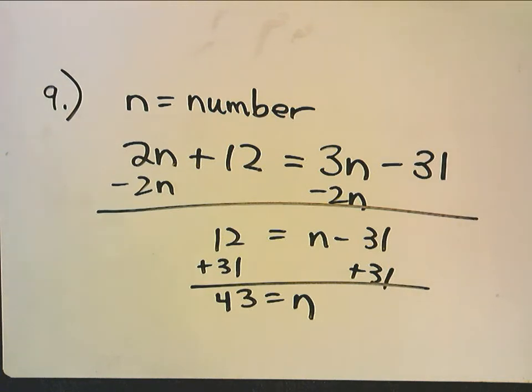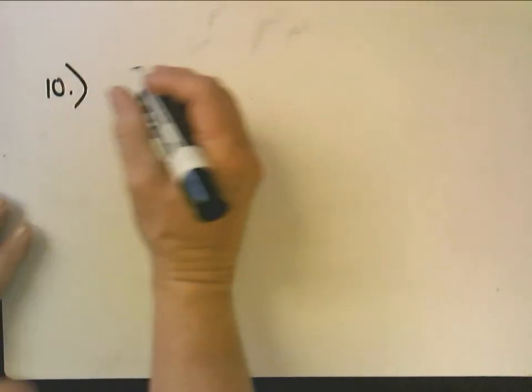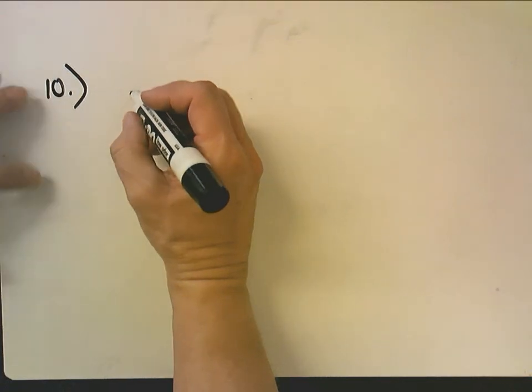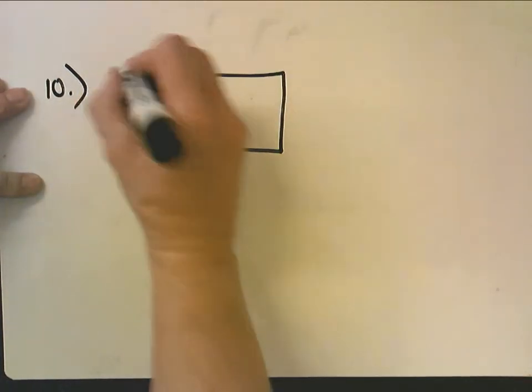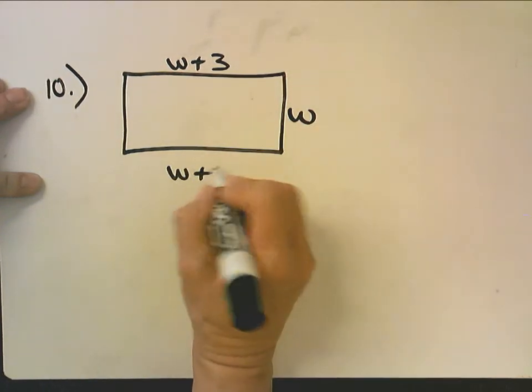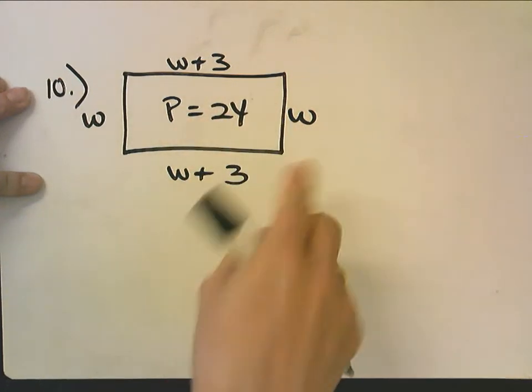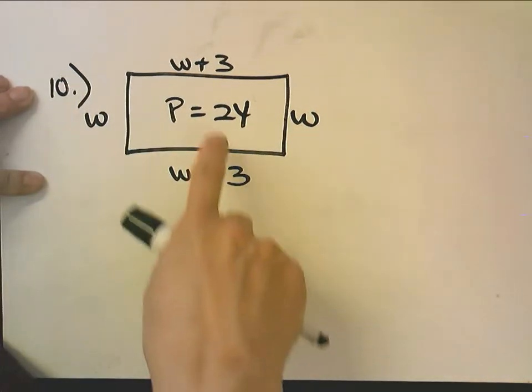Okay. Now, for number 10, it's a perimeter of a rectangle. So I'm going to draw a rectangle. I'm going to have W plus 3, W plus 3, W, and perimeter is 24. So I know I'm going to add all 4 sides together to get my perimeter.